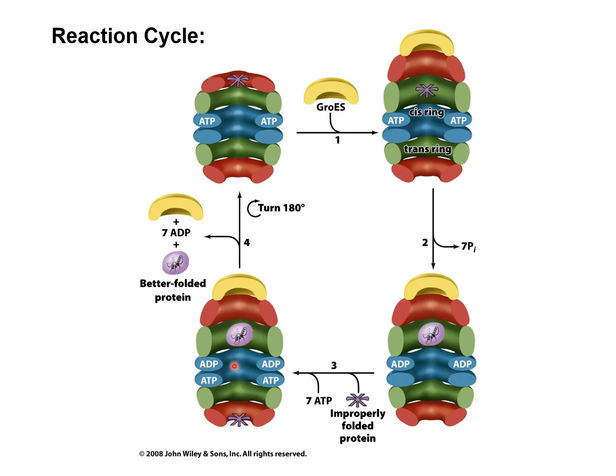This barrel can flip over like that, and the process goes on. And this better folded protein can be introduced again within this complex to be even better folded, to reach the native state.